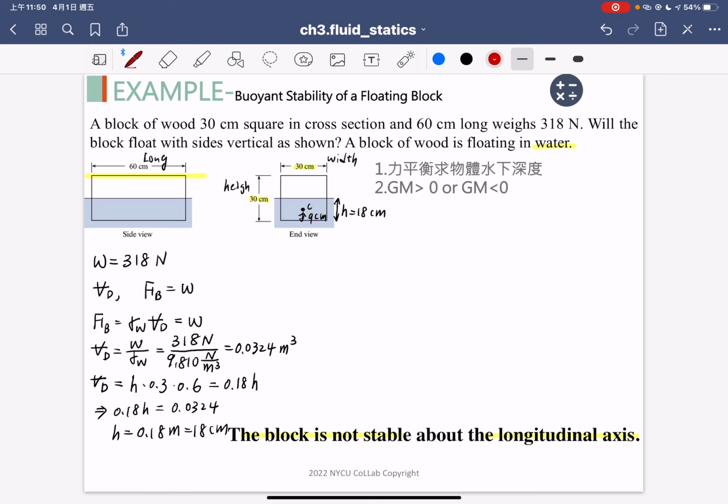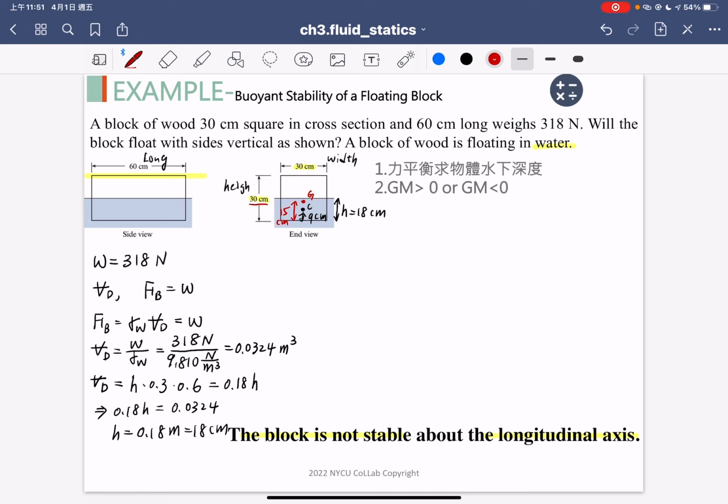Because the total height is 30 centimeters, the G should be higher than the C point. This is the G, and its distance to the bottom here is 15 centimeters.